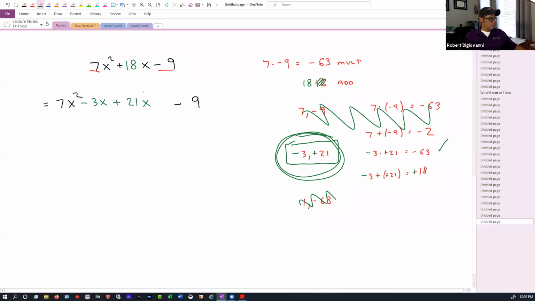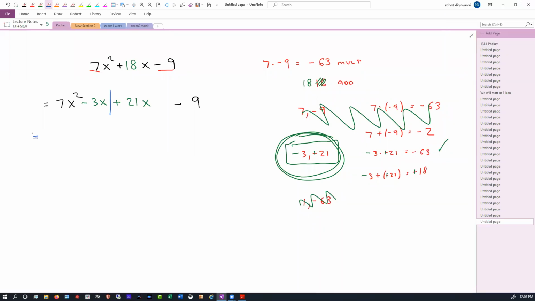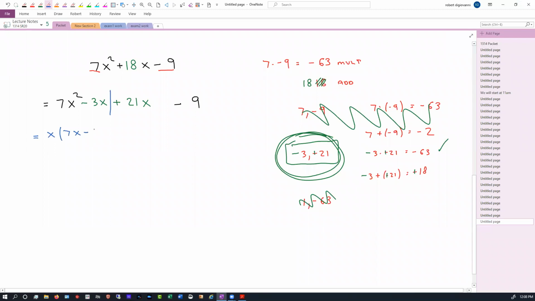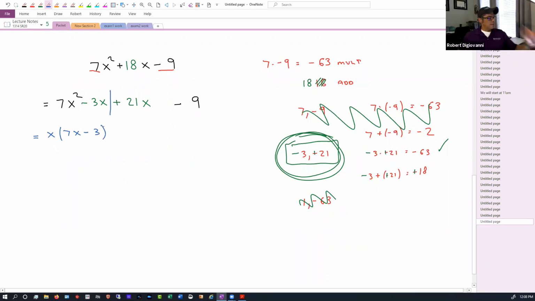Now you have 4 terms, so you can split it. Do we have a GCF in the first 2 terms? Just x, okay. And what would we be left with if we pulled an x out? 7x minus 3, good. Let's throw that 7x minus 3 in here and ask ourselves what this number out here would have to be in order to get back what's up here.